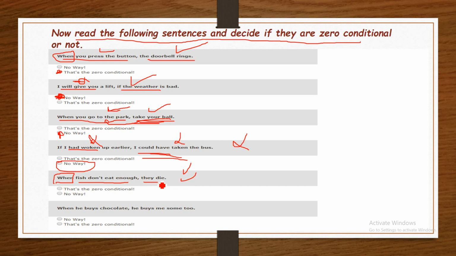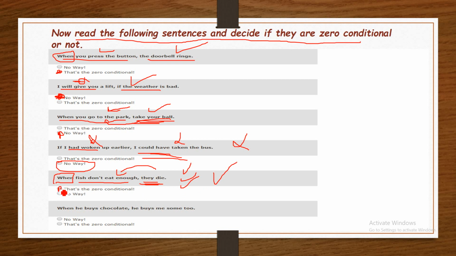Satisfied. And the main clause should be a result of the if clause. This is a result of the when clause or if clause. The third condition is satisfied. Therefore, it is a zero conditional.